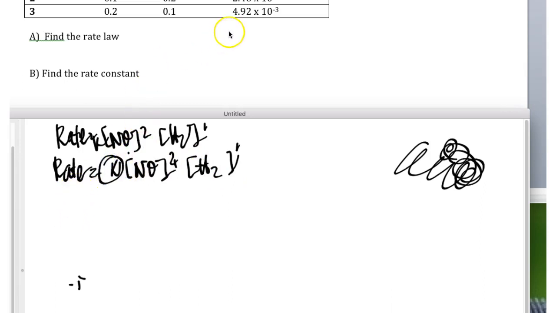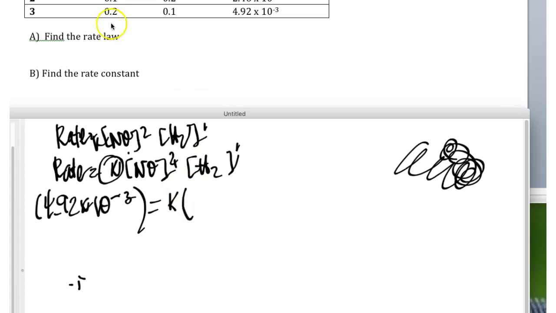So, the rate for experiment 3 is 4.92 times 10 to the negative 3 power is equal to K, which is what we're trying to find, NO2, which is 0.2, and to the second power, because second order, and then 0.1, because that's H2. And it's the first power, which is just that.